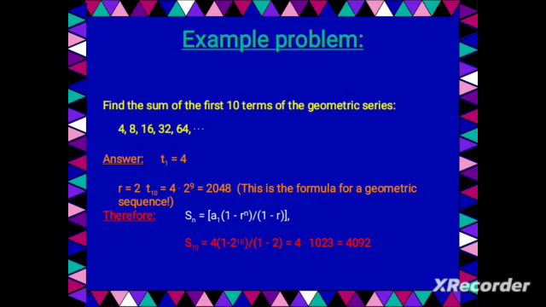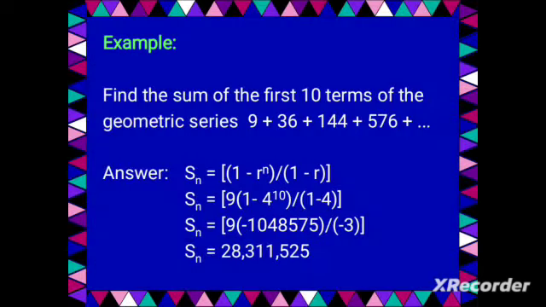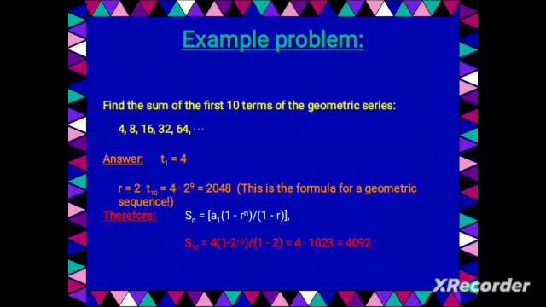Then from there, we will substitute to be able to get the sum. So with that, in the sum we now use a into 1 minus r raised to power n over 1 minus r. So if you work out that, then you'll be able to get 4092.